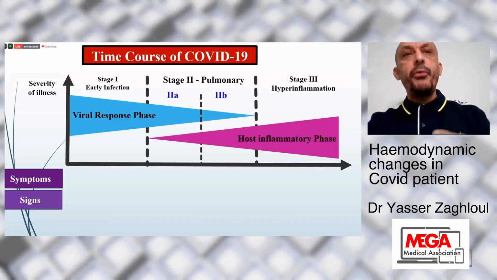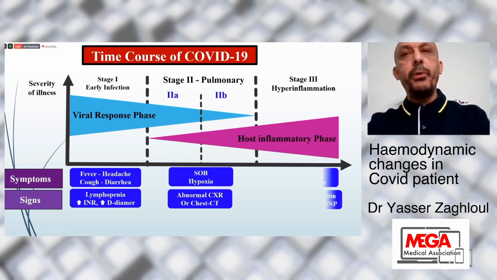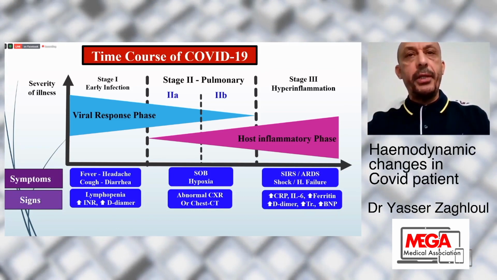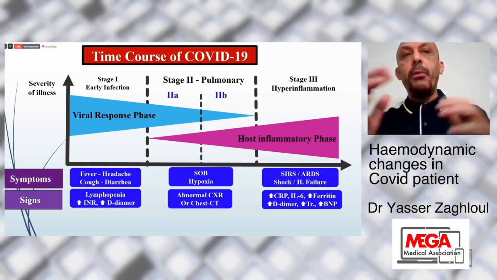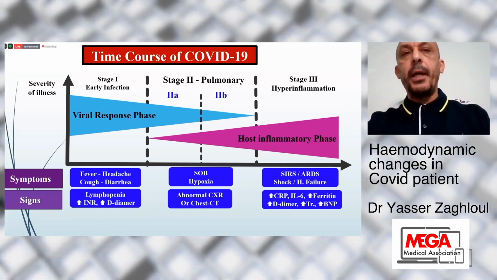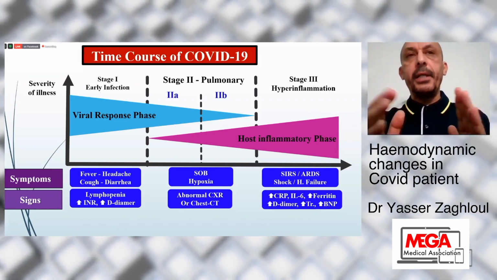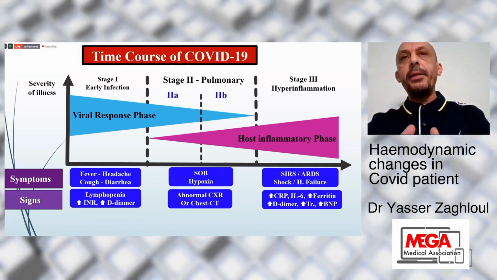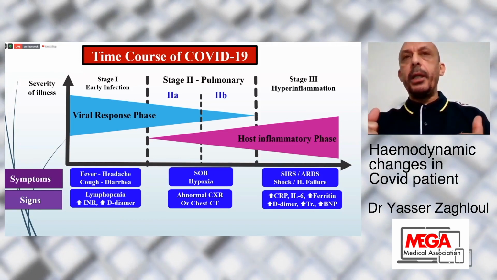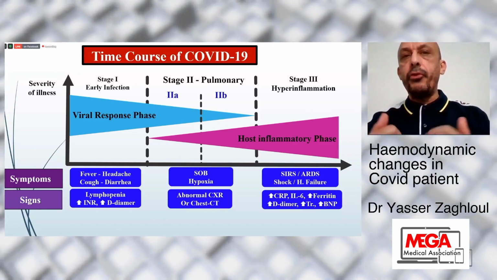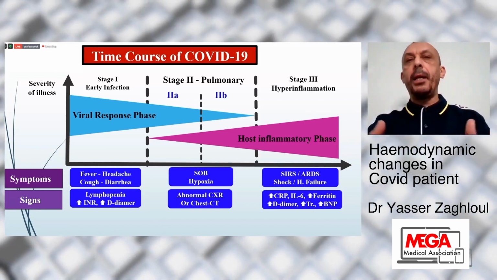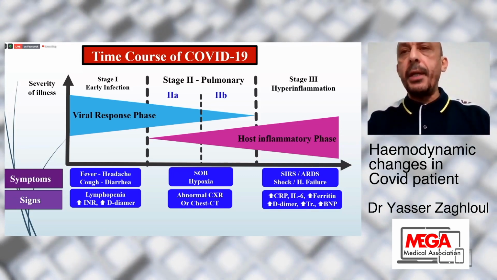And in each stage, we have signs and symptoms which are characteristic. Fever, headache, or non-specific symptoms and signs, and cough and diarrhea. This is in the first stage. Second stage, pulmonary signs and symptoms: shortness of breath, hypoxemia, abnormal chest X-ray.